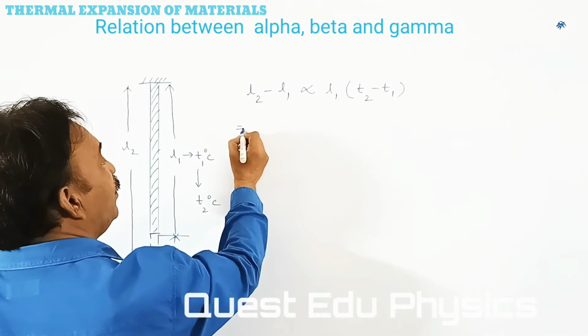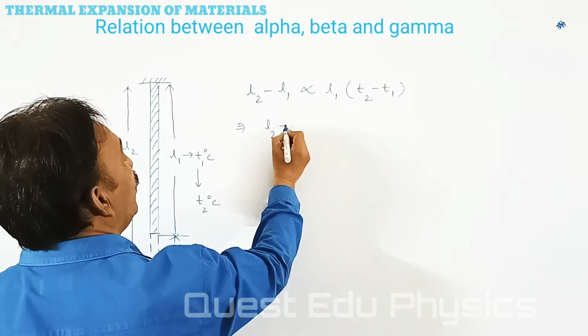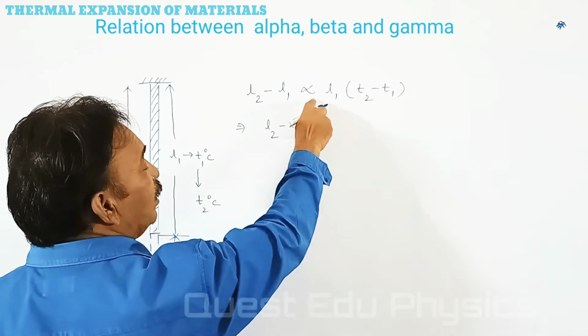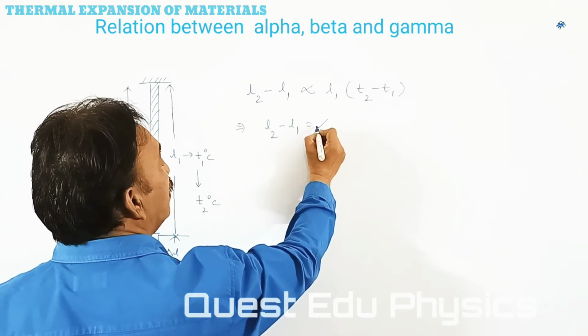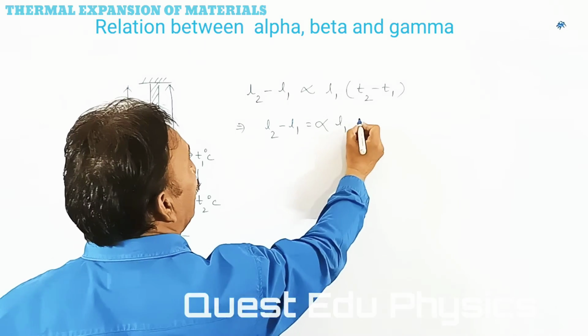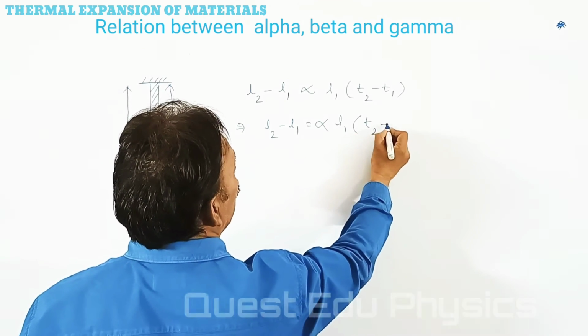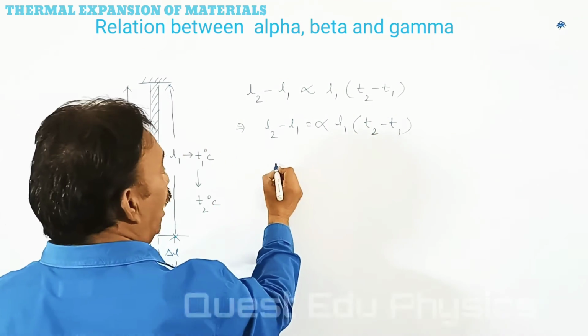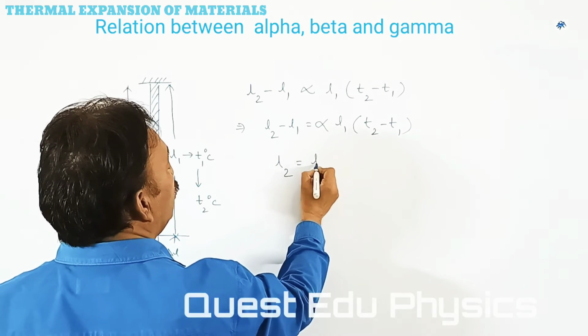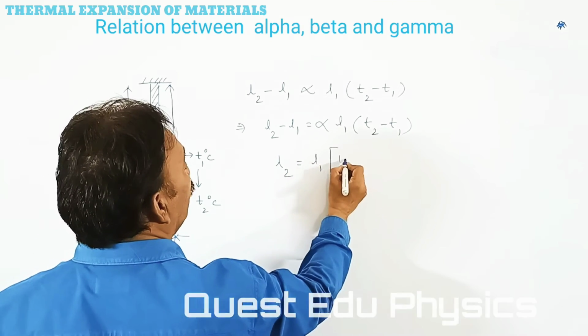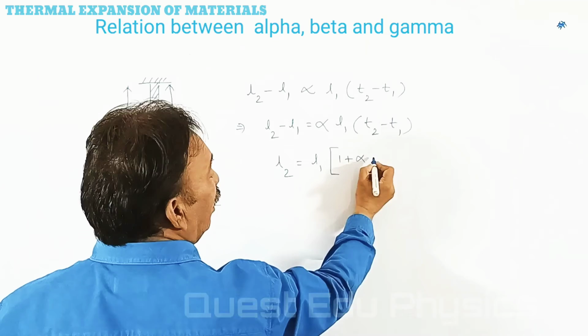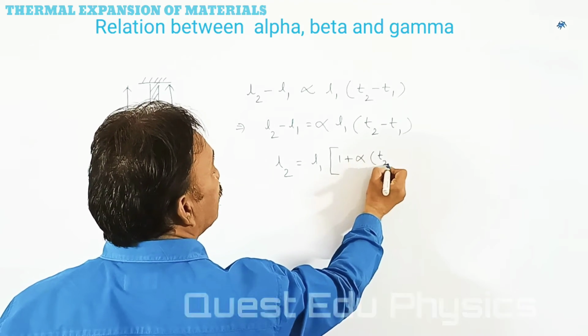Or it can be written as L2 minus L1 is equal to alpha, taking the proportionality constant as alpha, times L1 into T2 minus T1. Or we can write it as L2 is equal to L1 of 1 plus alpha into T2 minus T1.